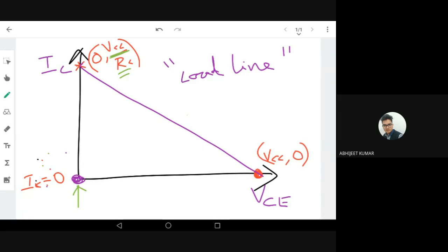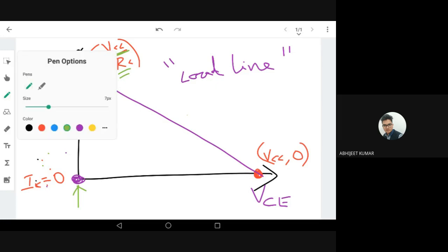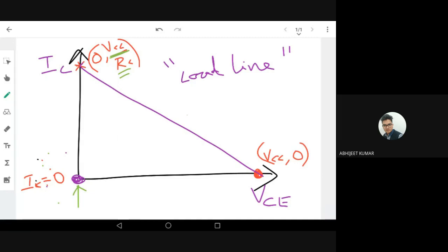Now over this load line, I'm going to plot the characteristics of our transistor. For example, in green. Now I plot the transistor characteristics, something like this. This is the output characteristic, VCE versus IC, of the transistor. Now what happens?